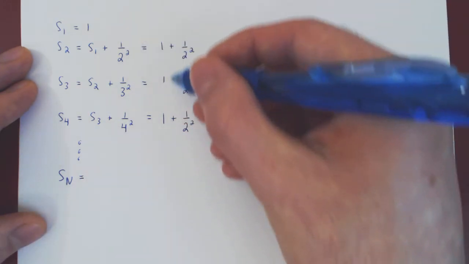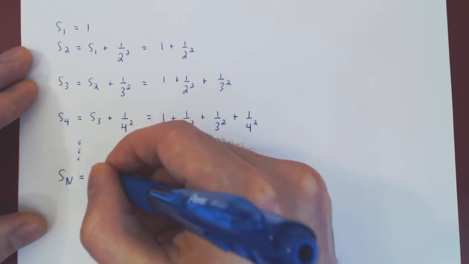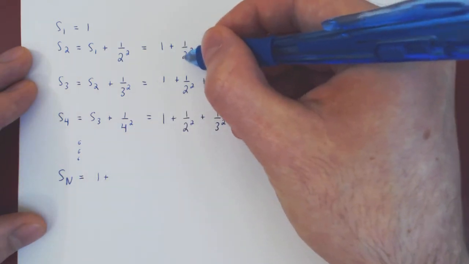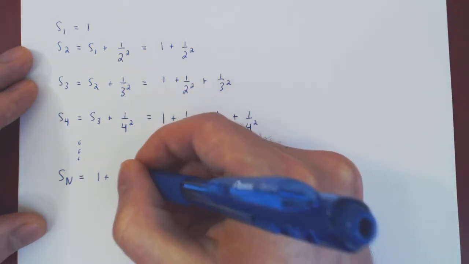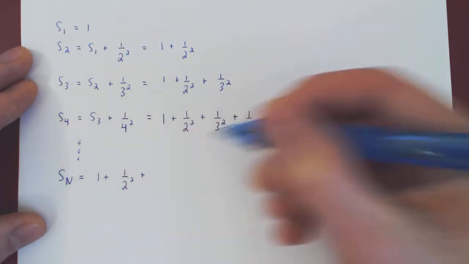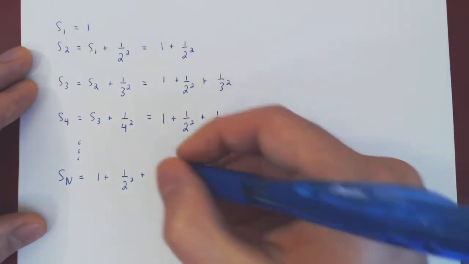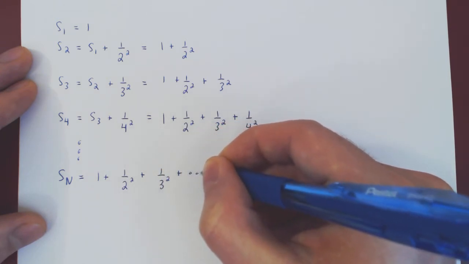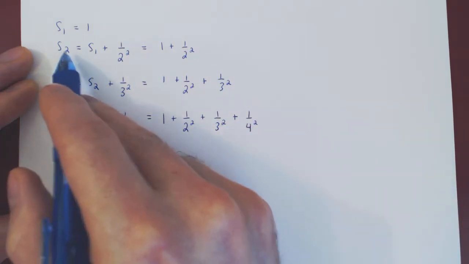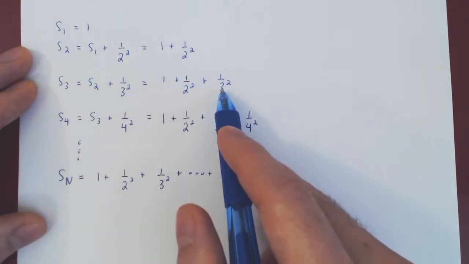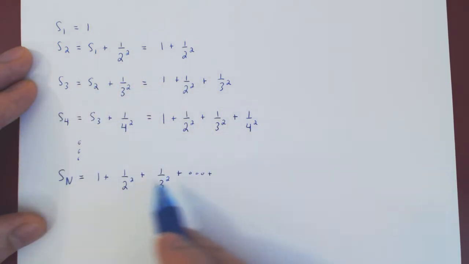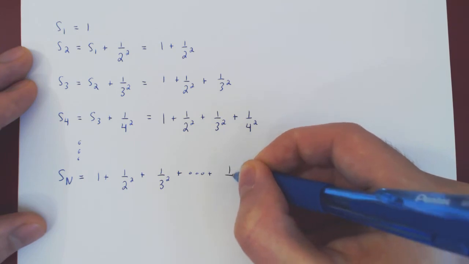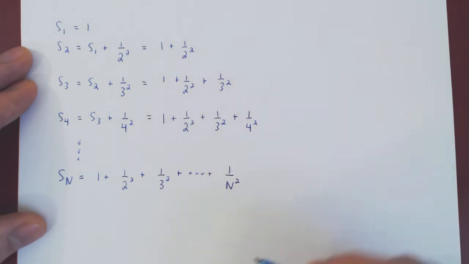Well, they all begin at 1. Plus, then we have 1 over 2 squared, plus then we have 1 over 3 squared. And where do we stop? Well, S2 we stop at 2, S3 we stop at 3, S4 we stop at 4, S_N we stop at N. So 1 over uppercase N squared.